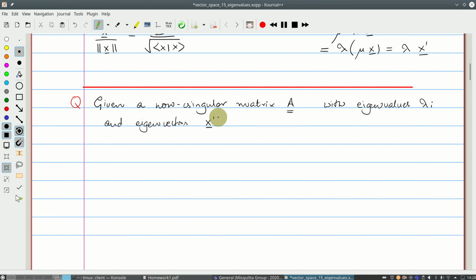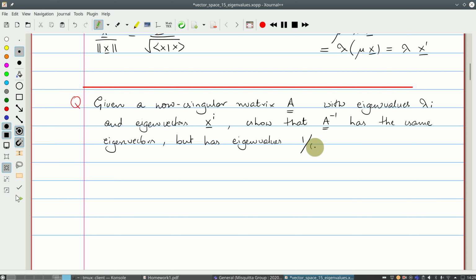Right. That brings me to a bit of notation, which I need to explain in a second. Show that A inverse has the same eigenvectors but has eigenvalues one over lambda i. Okay, so that's what we need to show.